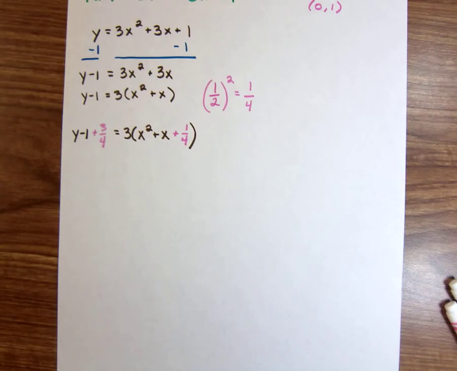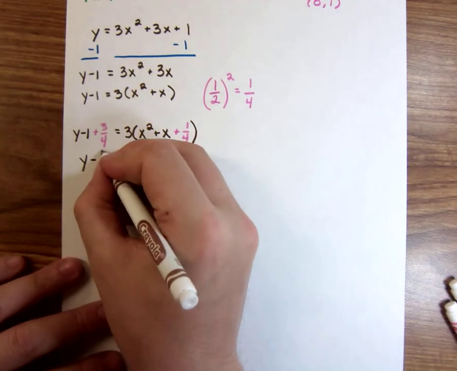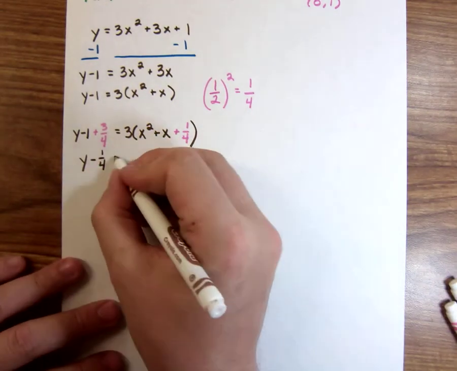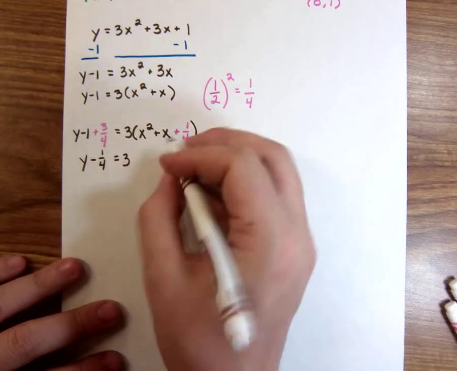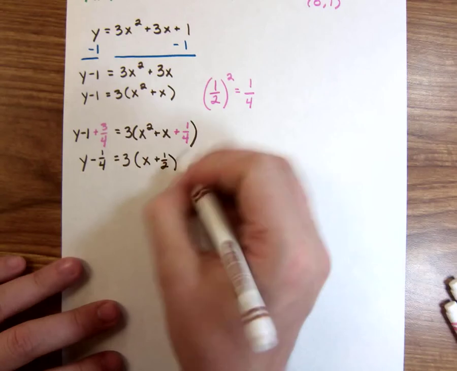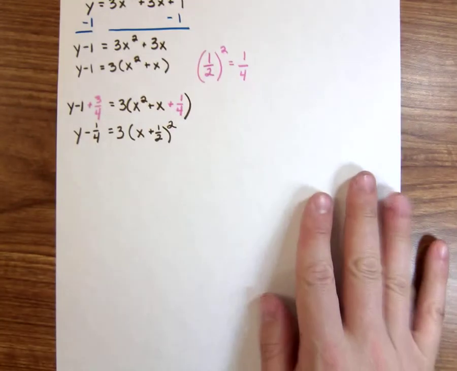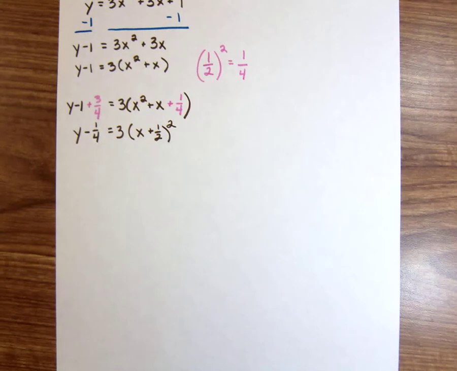Okay, so y minus 1 plus 3/4, that is y minus a fourth equals 3. Let's go ahead and factor this. It's x plus 1/2 squared. Definitely need to practice completing the square. The last step then is to get the y by itself again.